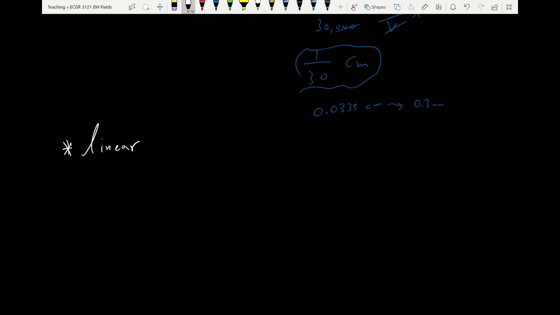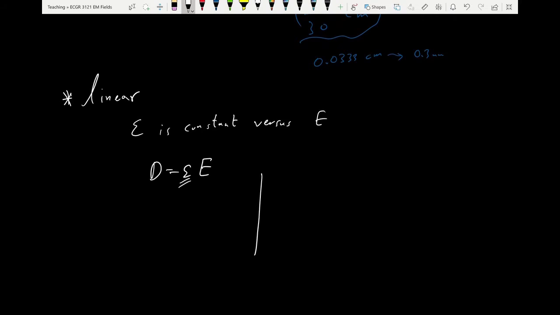The material is linear if the permittivity does not change, is constant versus the magnitude of E. We know that D equals epsilon E. If epsilon remains constant regardless of what the value of E is, we say the material is linear. One way of looking at it is that if we plot the magnitude of D versus the magnitude of E, it's going to be a straight line, and the slope is going to be epsilon.